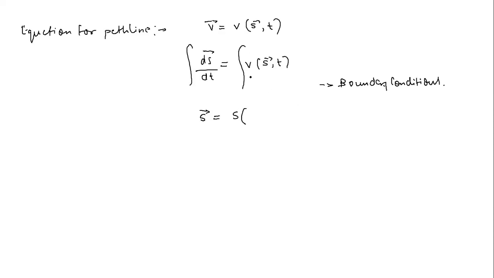There will be a constant term, plus c or something like that. When you apply the boundary conditions you derive the constant term, and when you substitute it into the equation, finally it will be given by s naught comma t. So we started from the Eulerian approach, and it's the Lagrangian approach.